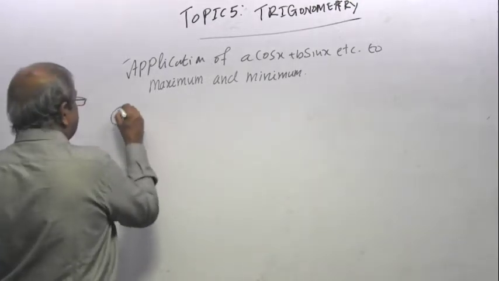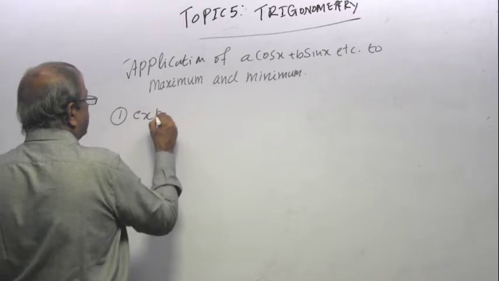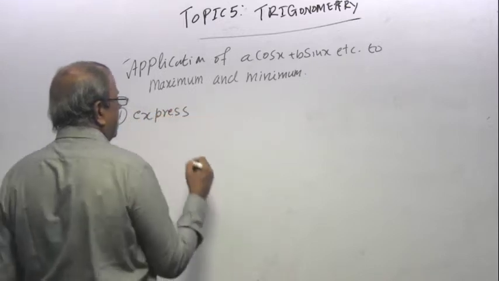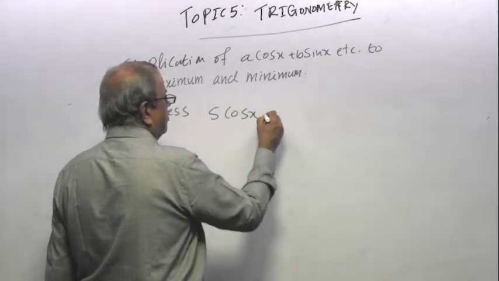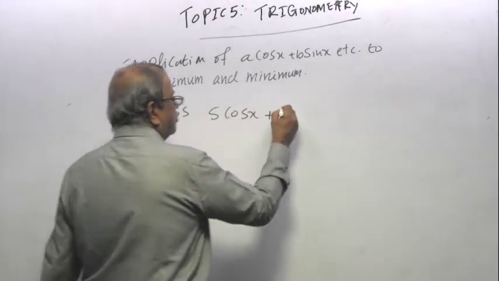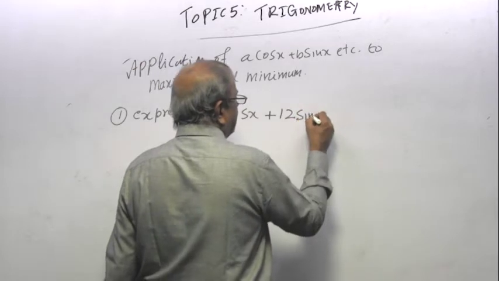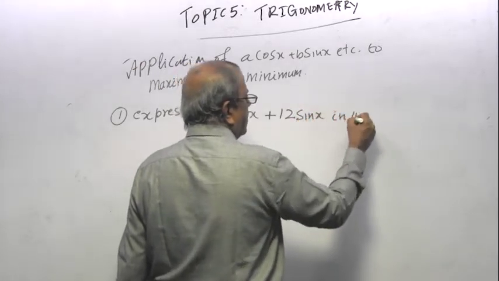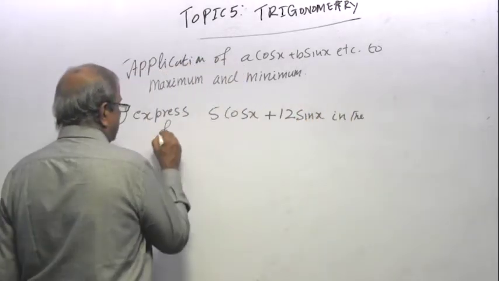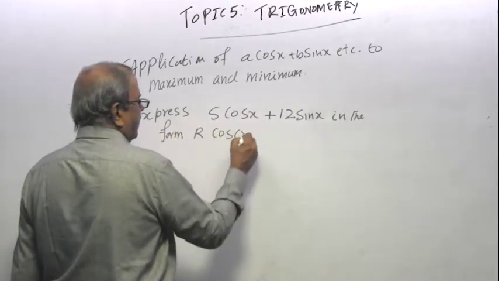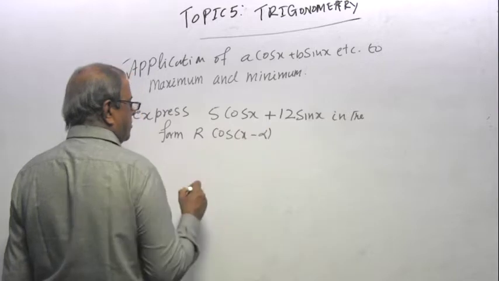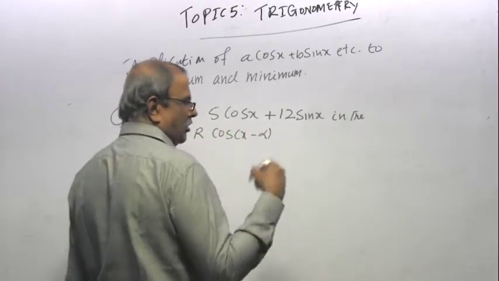So let me take an example. Express 5 cos x plus 12 sin x in the form r cos(x minus alpha), where r is greater than 0, 0 less than alpha less than 90.